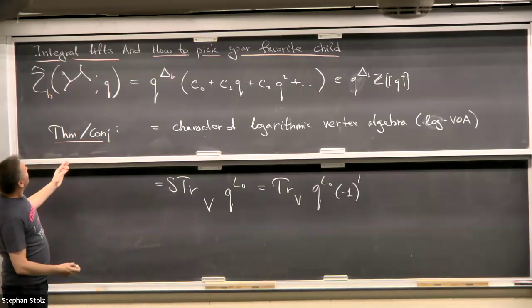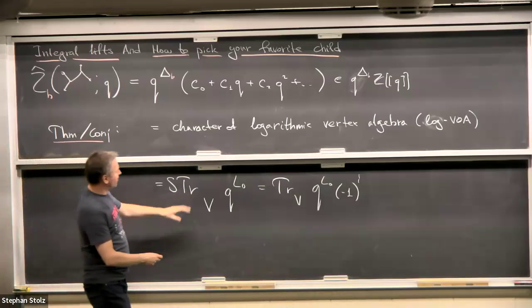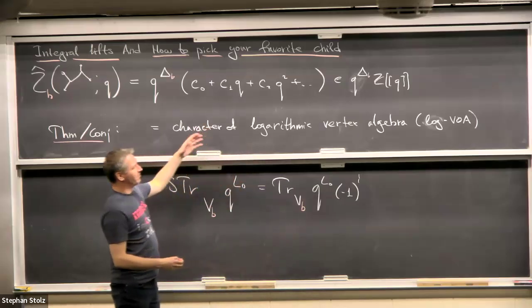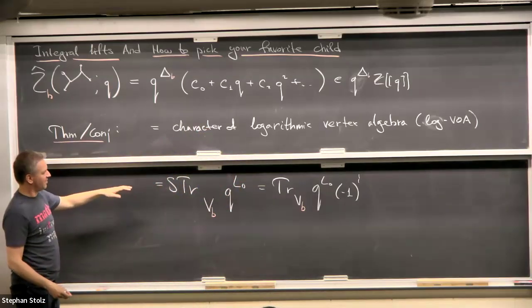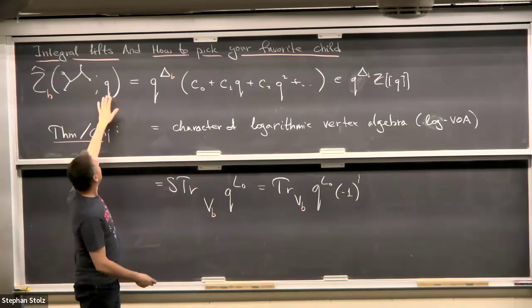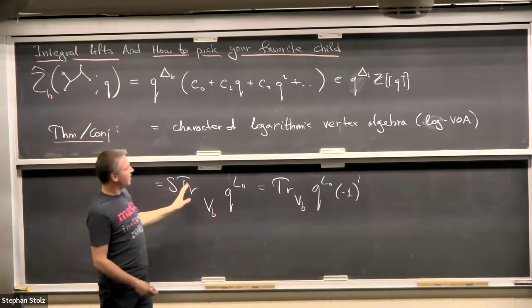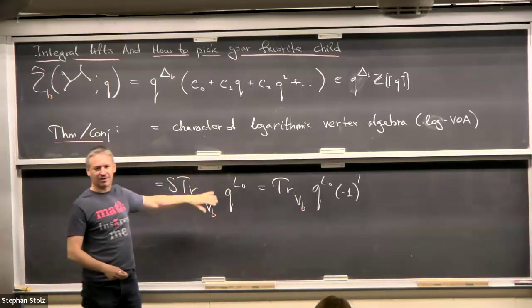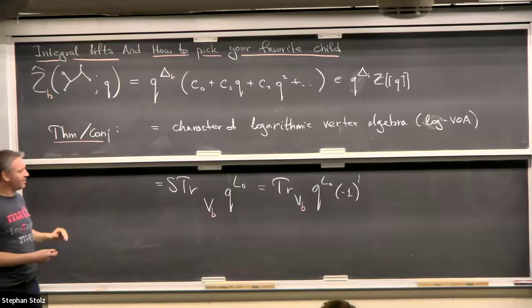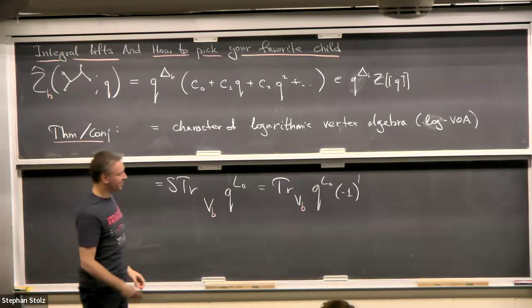In our context, this supply of modules is labeled by b, and actually refinement of this conjecture is that the choice of module of representation does depend on b, but for the same three-manifold, algebra is always the same. So they're modules for the same algebra. So in other words, choice of manifold mysteriously provides you logarithmic vertex algebra.